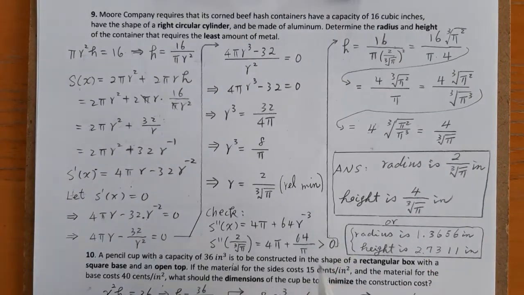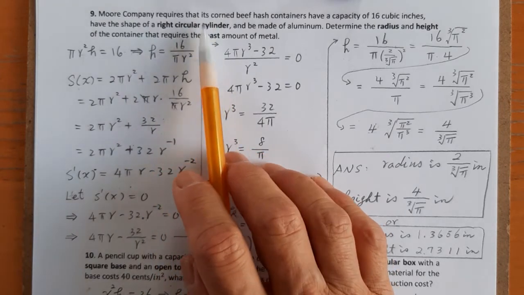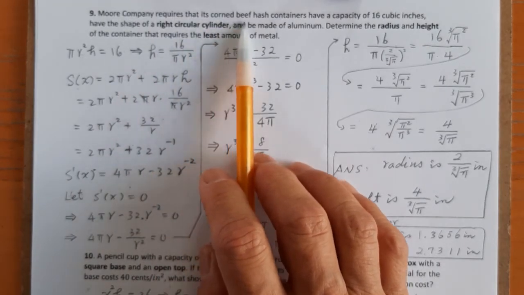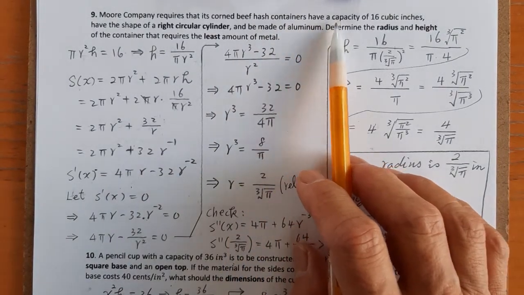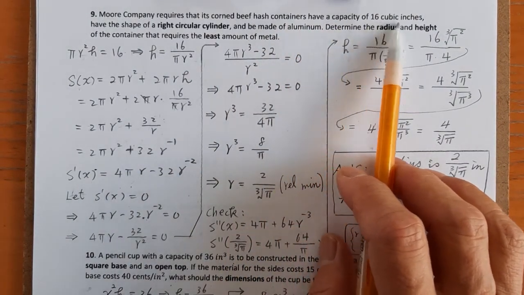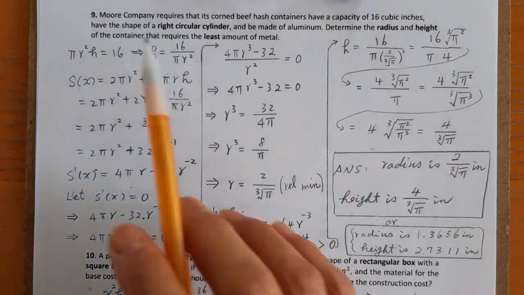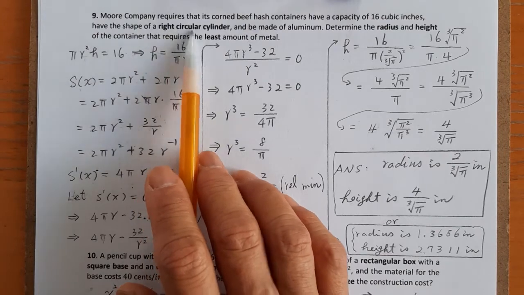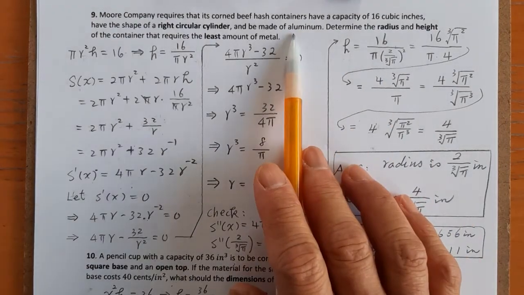Question 9: a company requires that its corned beef hash containers have a capacity of 16 cubic inches, have the shape of a right circular cylinder, and be made of aluminum.